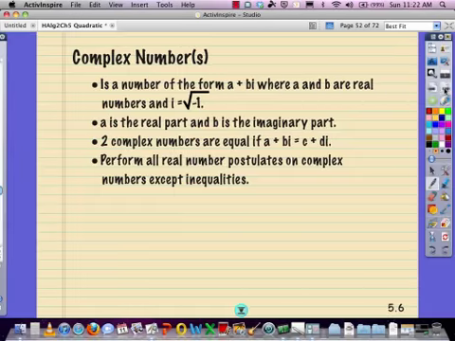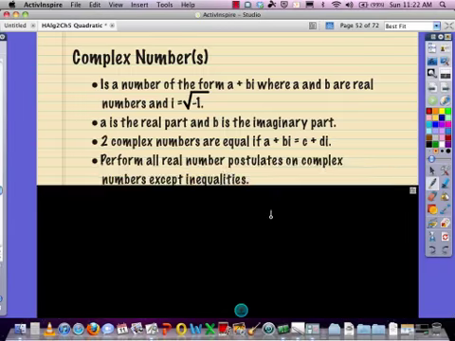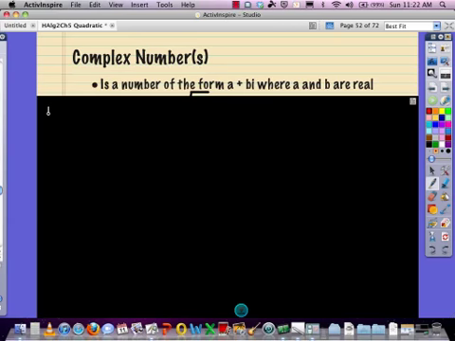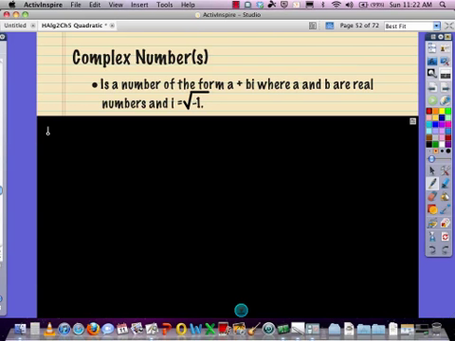Now, one step further. If we have the imaginary numbers, which take on the form of bi, we could go one step further and talk about the biggest number system we currently know about, and that is the complex numbers. By definition, we can say a complex number is a number of the form a plus bi. So here's the bi we were just talking about, where a and b are real numbers, and i equals the square root of -1.